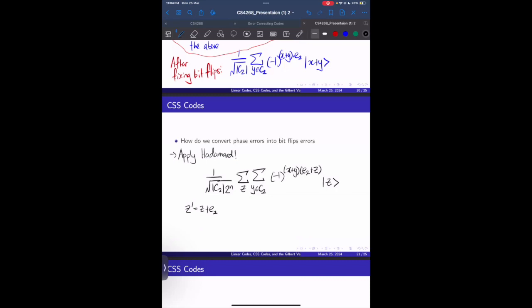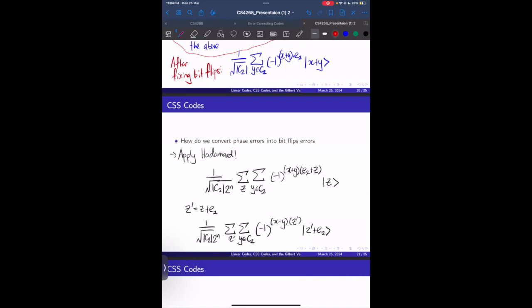So then we have the following state. This is now z prime, and this is z prime plus e2.